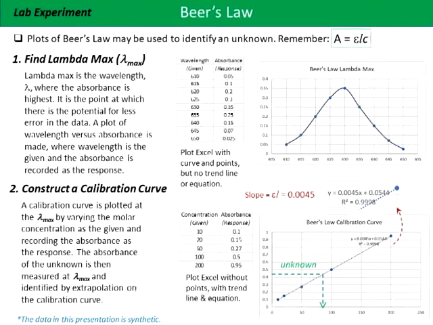Note that epsilon is known as the molar absorptivity constant, or molar extinction coefficient. But epsilon times the path length is the molar absorptivity of the sample. Note in this presentation that this is all synthetic data. But this is a process that will be used to carry out a Beer's law experiment in most general chemistry laboratories.